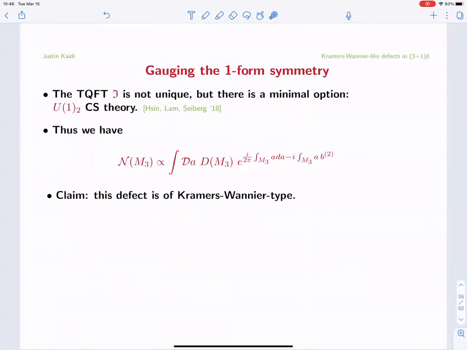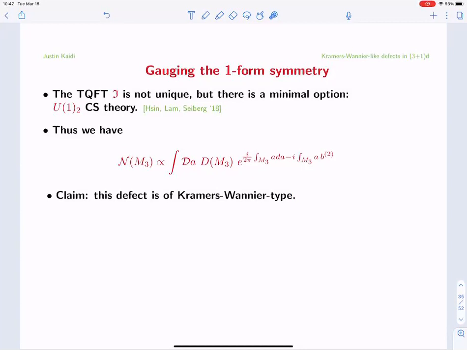And in the current case, the minimal option is U1 level 2 Chern-Simons theory. So the claim is that D is not a gauge invariant operator, but this combination here, which is D and then U1 level 2 Chern-Simons, is a gauge invariant operator. That's this N. And I claim that N is non-invertible and of Kramers-Wannier type.